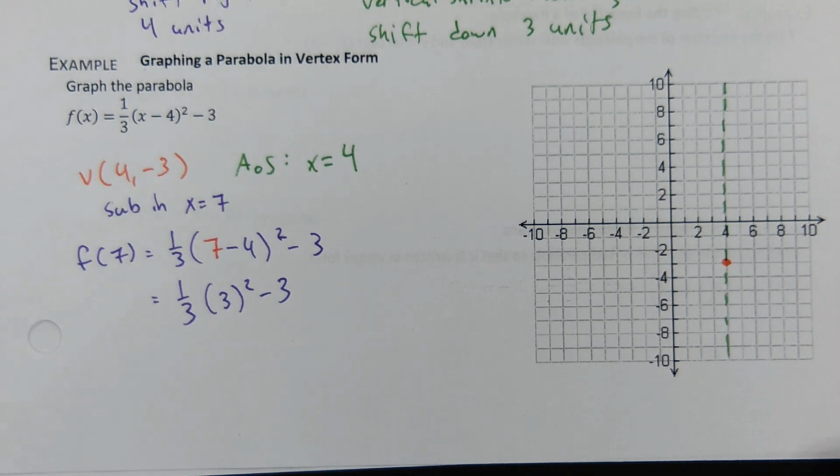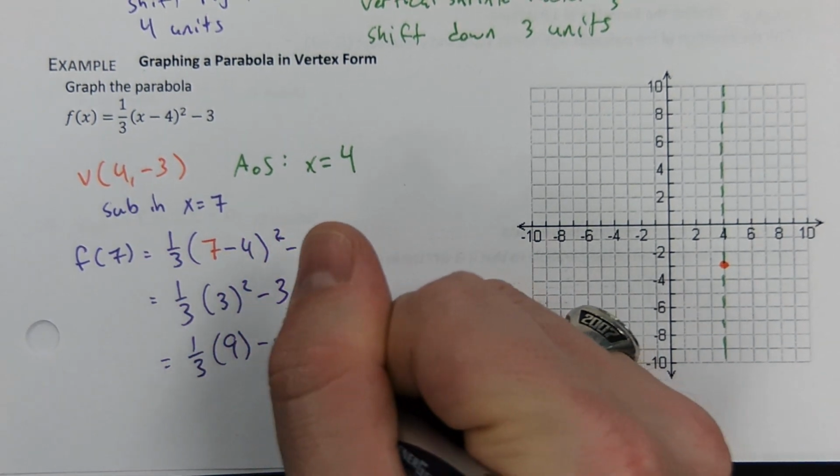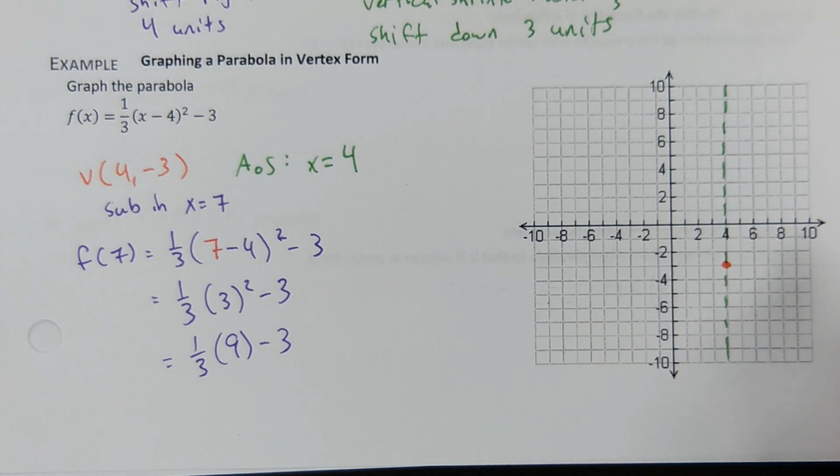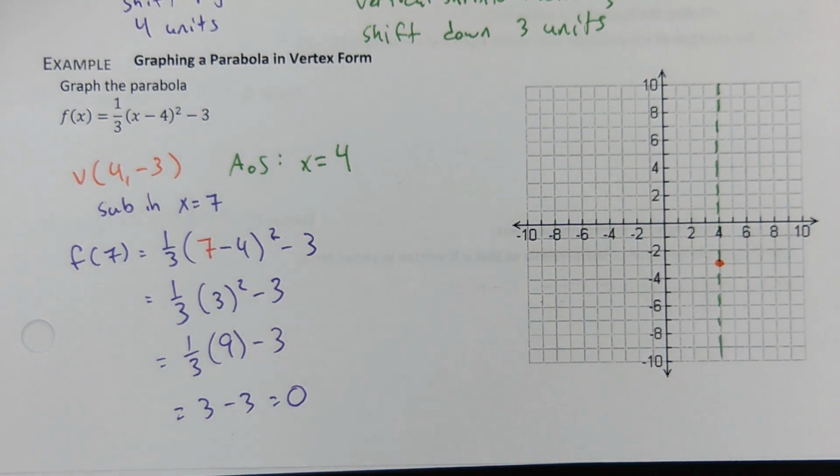Exponents, 3 squared is 9. Instead of saying times, here, we say of. 1/3 of 9, that's 3. And 3 minus 3 is 0.